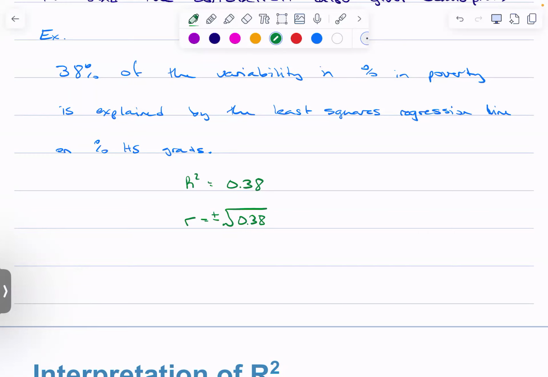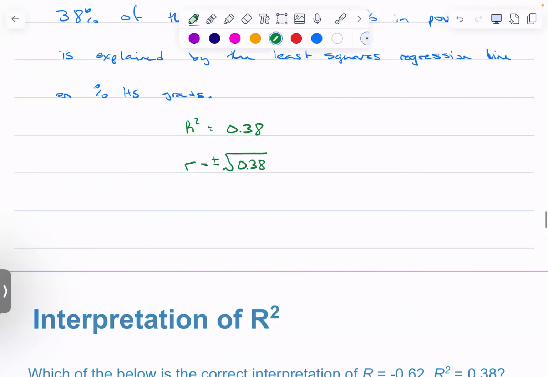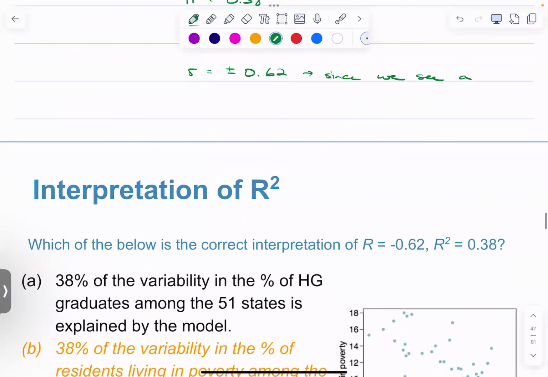The square root of 0.38 is 0.61644, but let's just say for simplicity, it's plus or minus 0.62. Since we see a negative relationship, R is negative 0.62.